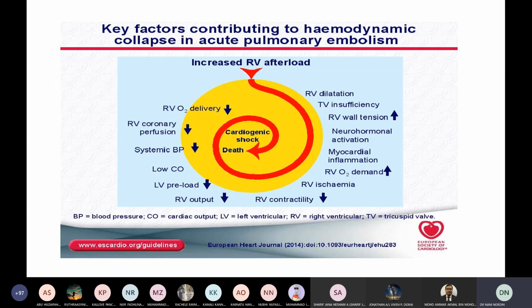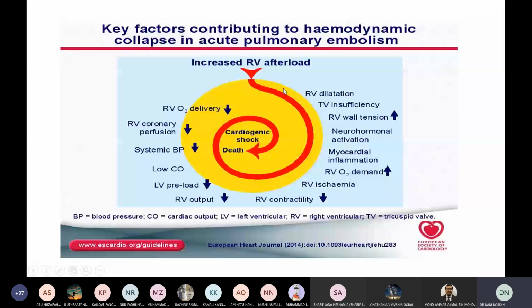This diagram shows what can happen due to an increase in pulmonary vessel pressure, which leads to right ventricular afterload. These are the whole consequences that can occur.